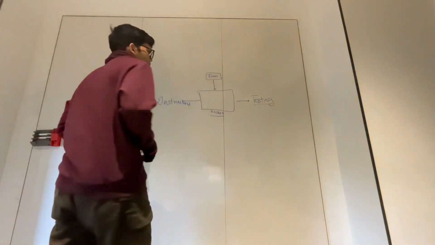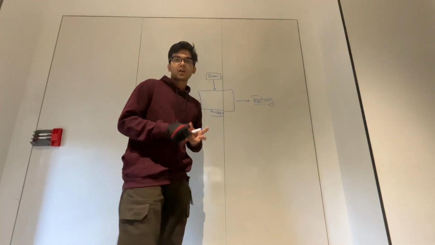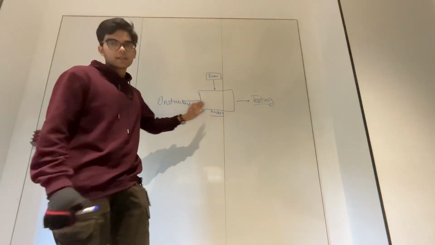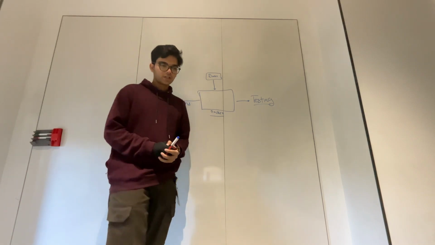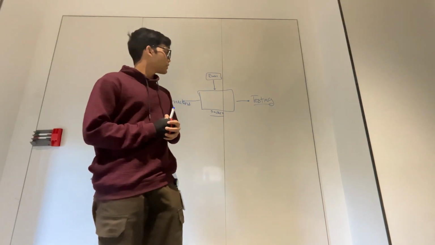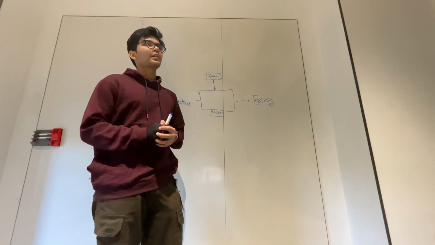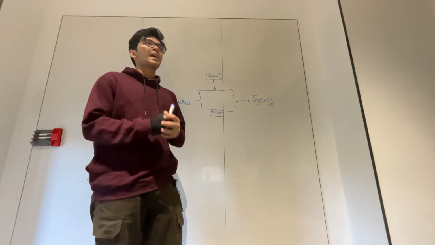So let me give you a quick example, because it's easier to understand through an example. Let's say I have to create a task for an AI agent in which I'm telling the agent that you have to create a function which adds two numbers.